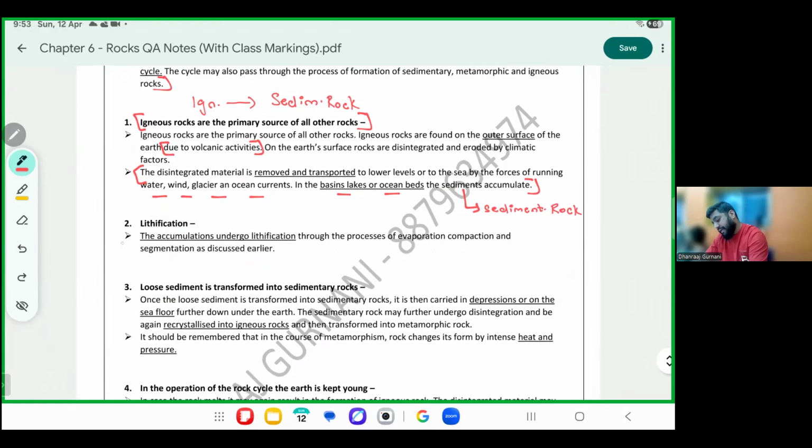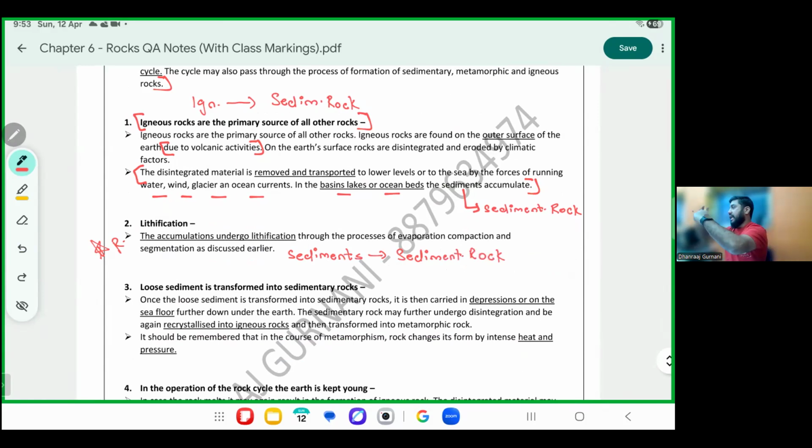Lithification, please mark, repeated but important. The accumulation, the entire thing undergoes lithification, that is compaction. Sediments, please write here, make the flow chart. Sediments now become sedimentary rock.